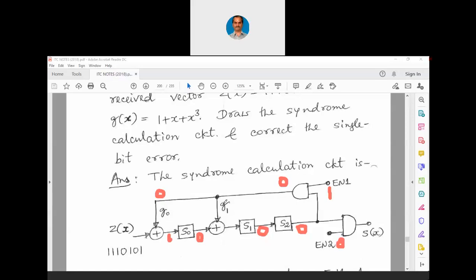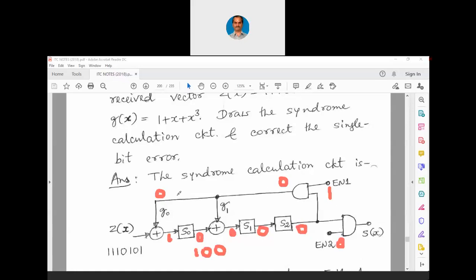The same 0 is coming here. 0 XOR 0 is 0. And this is also 0. That way it goes on. Now, at this particular point, the contents of S0, S1, S2, initially it was 0, 0, 0. Now it is 1, 0, 0.